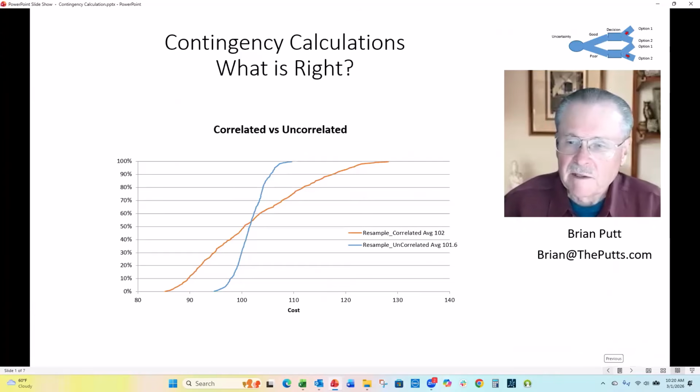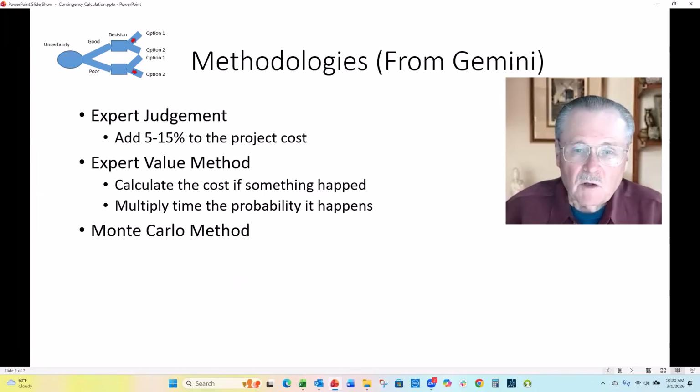Today, I'd like to talk to you about contingency calculations: what is right, and perhaps some things that can go wrong. So I looked up on Gemini, the AI program, how to calculate contingency. They gave three answers. One was expert judgment: get an estimate and add 5 to 15% to the project, and that's your contingency.